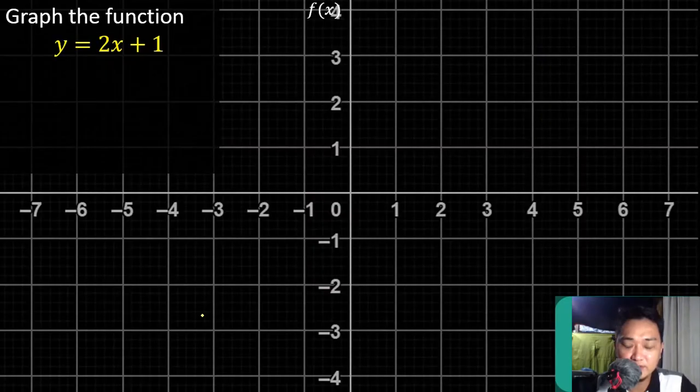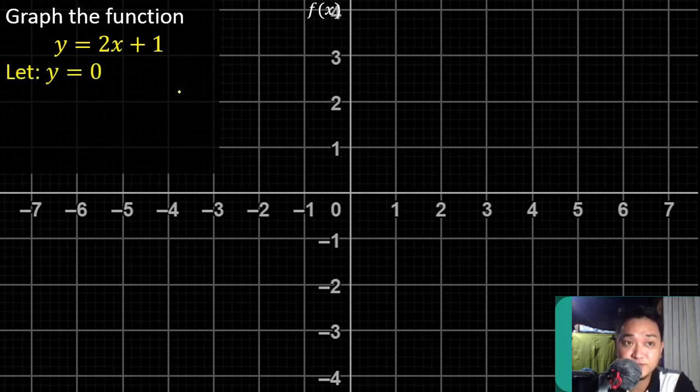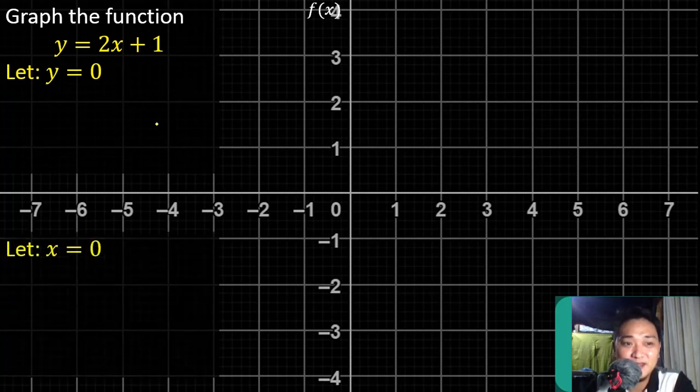So let us have a few more examples. Let's say we want to graph the function y is equivalent to 2x plus 1. First, we are going to let y is equivalent to 0. And whenever we let y is equivalent to 0, ang hinahanap natin dyan yung x-intercept niya, ano po? Now, we could also let x is equivalent to 0.